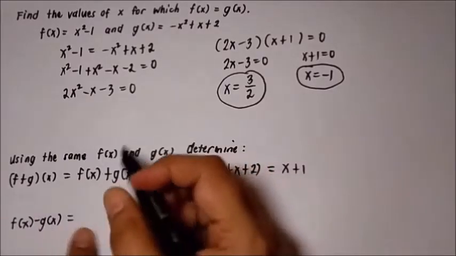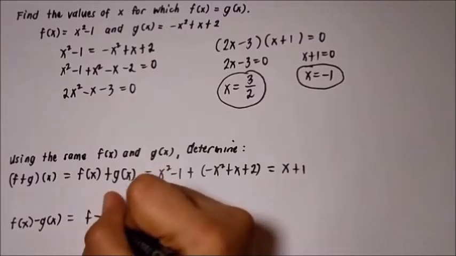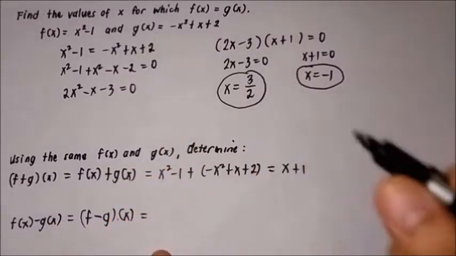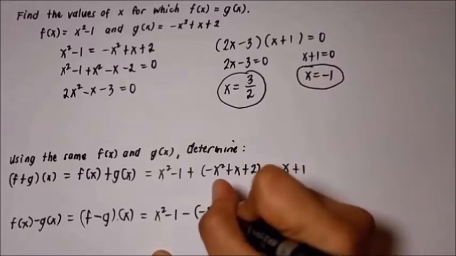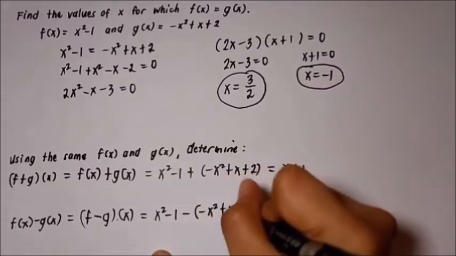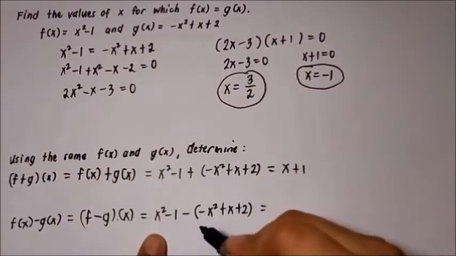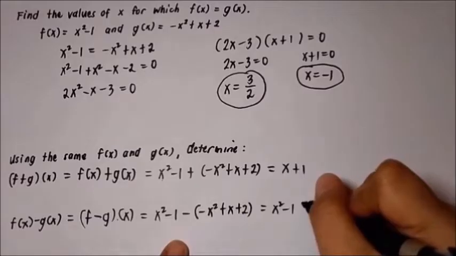So we have f of x minus g of x, which could also be written as f minus g of x. So f of x, x squared minus 1 minus g of x, negative x squared plus x plus 2. So this would become x squared. Let's write that. X squared minus 1, negative and negative.